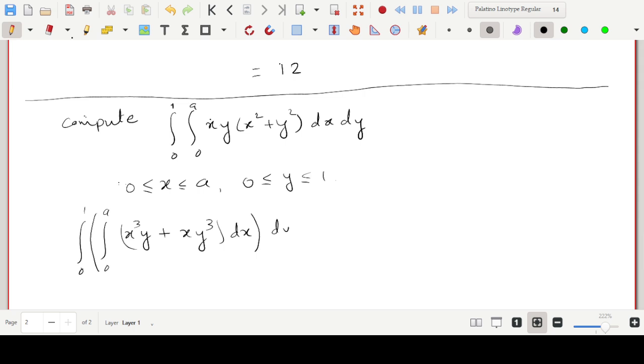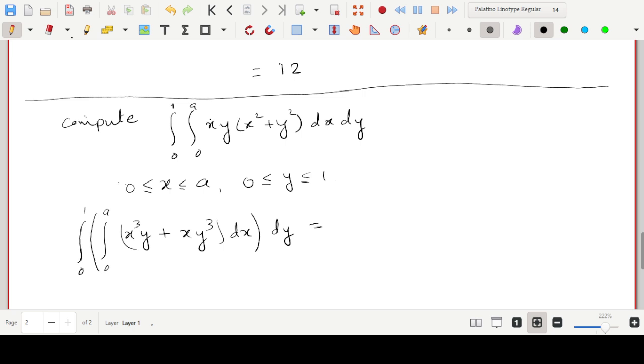This is the inner integral and this is dy. Now as I had already said, here we are integrating with respect to x, so y remains constant, it should be treated as a constant, and then let's see what we get.